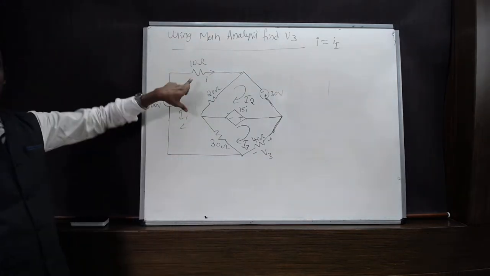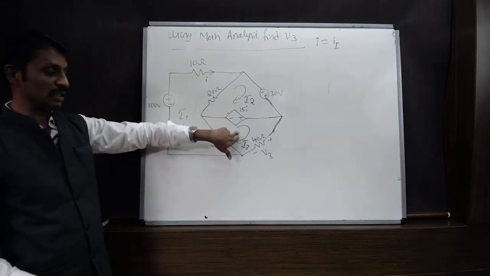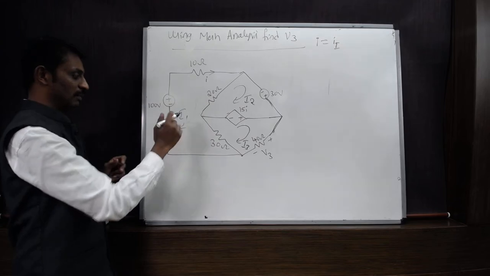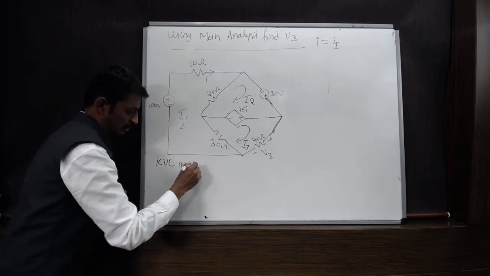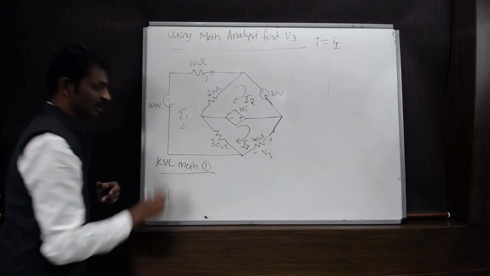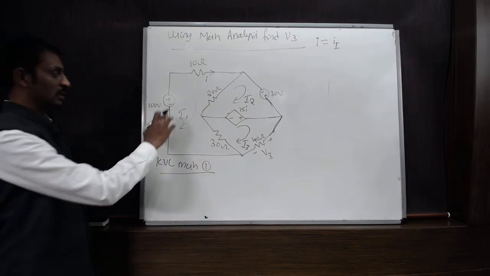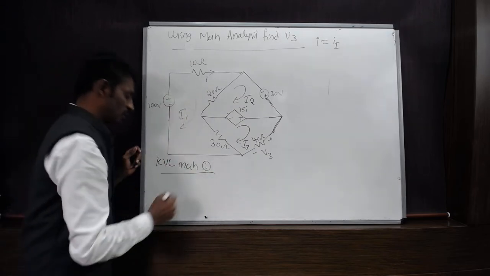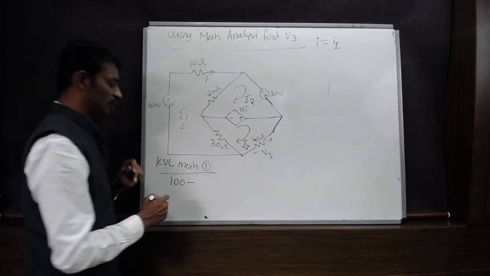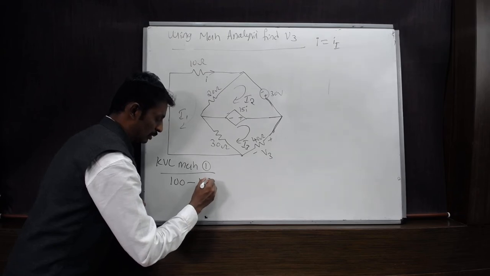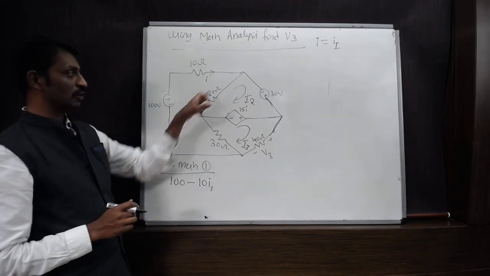Let us start applying the KVL for mesh 1, mesh 2 and mesh 3. First, apply the KVL for mesh 1. Start from the voltage source. The current entering the negative, leaving the positive, so it's a rise in the voltage: 100 minus the drop of 10 into I1, the current flowing through this one.